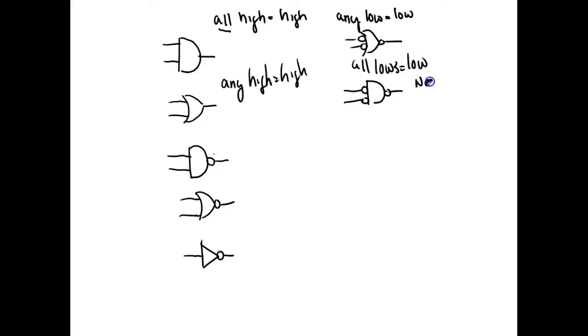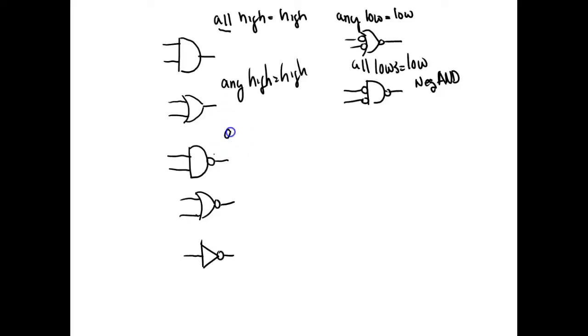This would be a negative what? AND. Why is it not an AND? Because the active state of the input and the active state of the output are the same. It's not the bubble on the output.